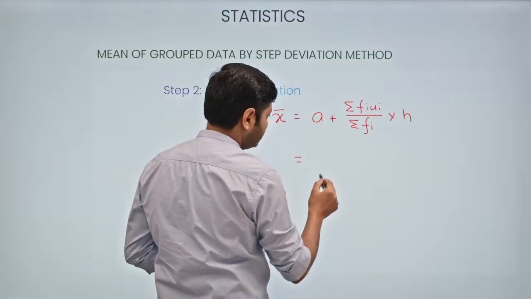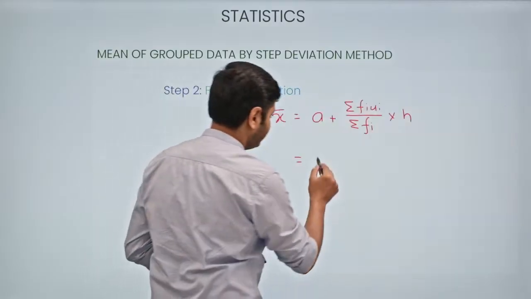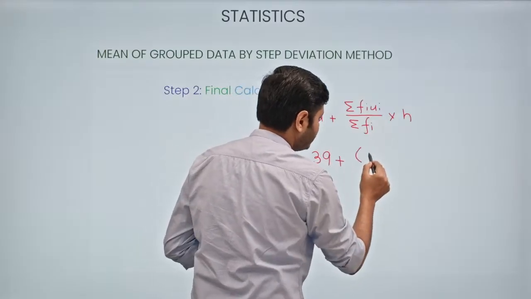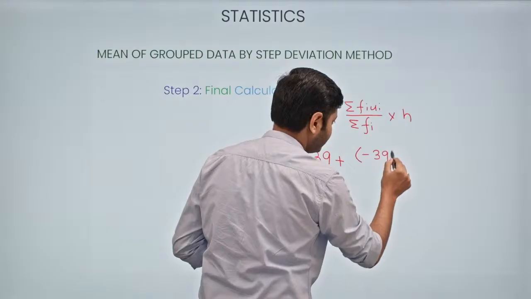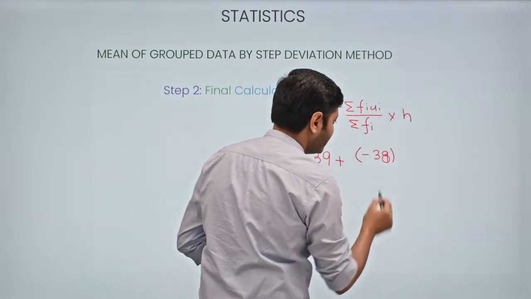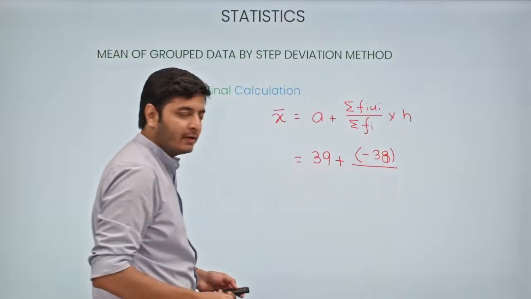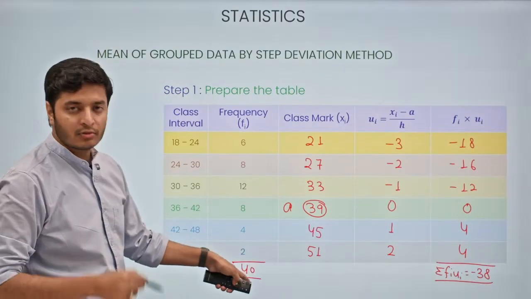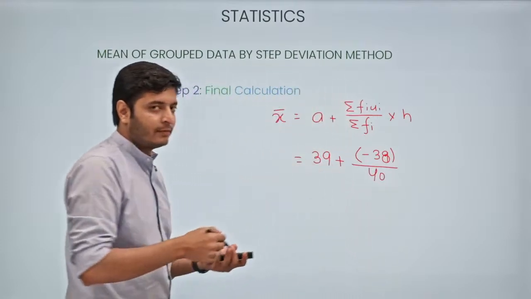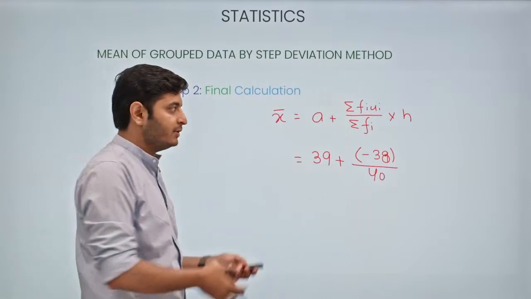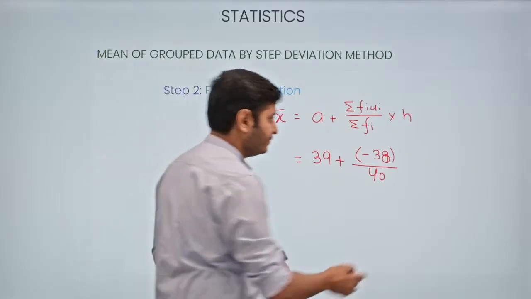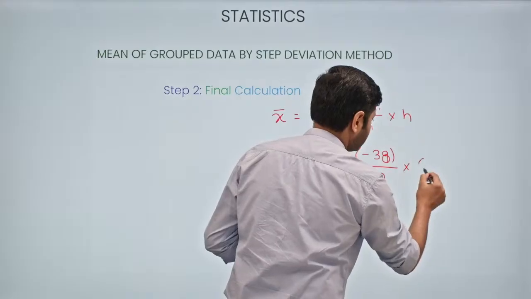Value of A is 39, the assumed mean, plus value of summation Fi Ui is minus 38, sorry. Then divided by summation Fi, that is 40. The summation of Fi can never be a negative value, because we are finding the total number of frequency or total number of observations, and h is 6.